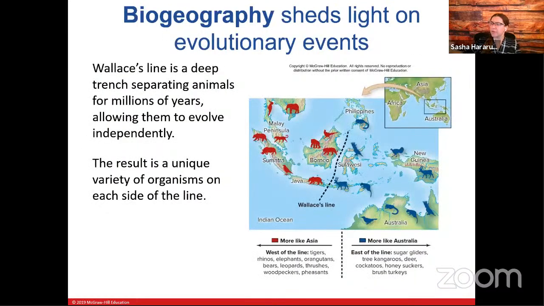Another thing that sheds some light on evolutionary events is biogeography. In some places, the diversity, the kind of species present in a place with the same temperature, the same moisture, the same food availability, virtually the same conditions, sometimes the species that inhabit those regions are not identical, despite the seemingly identical environment.